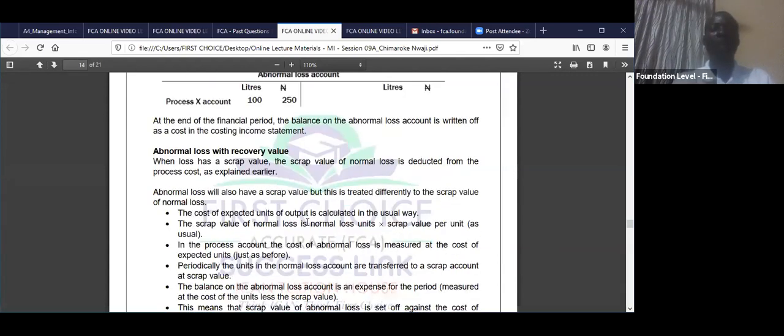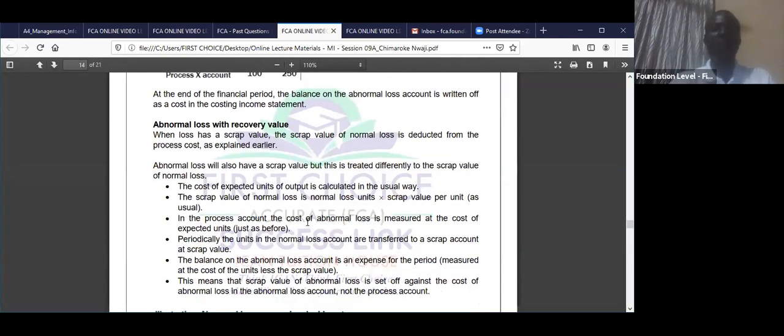Now, abnormal loss with recoverable value. Like when we have normal loss that was used to deduct, and you get a process cost that reduces the cost, abnormal loss will have a scrap. When you have a scrap value, it is treated differently from the way we treat it with normal loss.